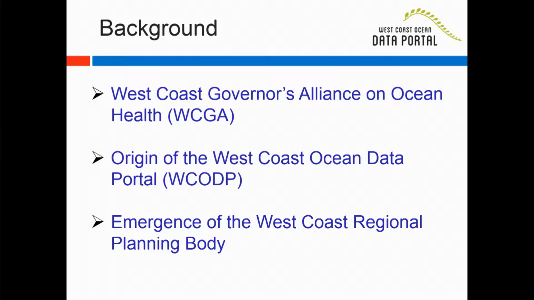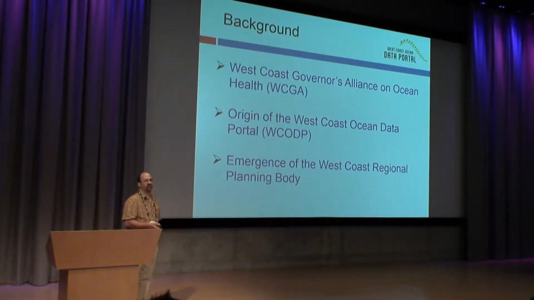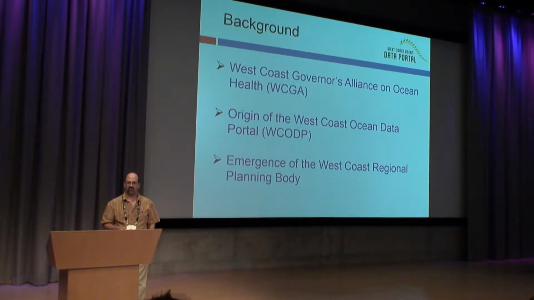I'll talk about the Ocean Data Portal, which again, it'll either be the portal, the Ocean Data Portal, or the West Coast Ocean Portal, or WCODP on the slides. And then something that's more recently evolving on the West Coast, and we have around the country in other locations, are these regional planning bodies, which are, again, groups of agencies, tribes, and other organizations interested in doing ocean planning, marine spatial planning, any of those catchphrases that you're familiar with on that side.